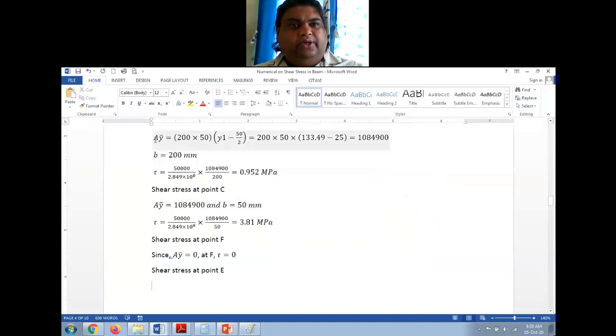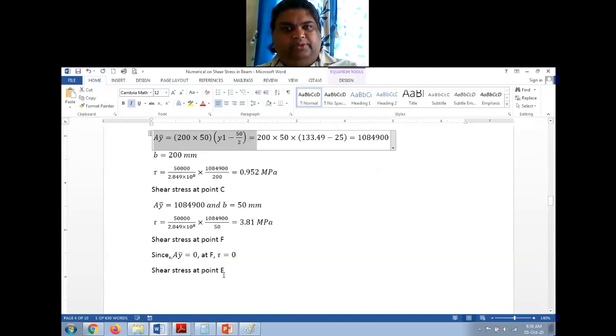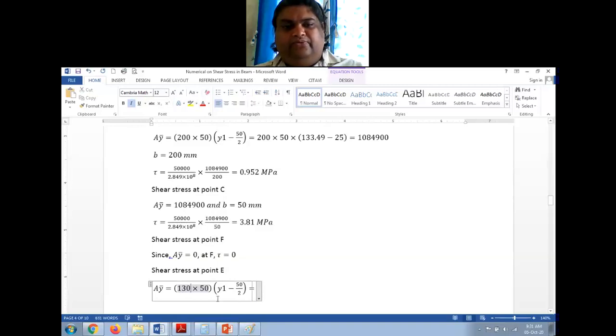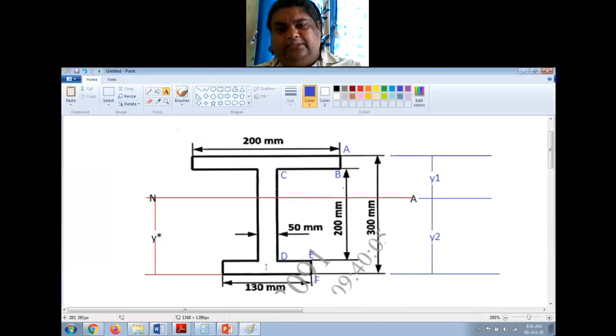So AY bar, I'll just copy this. The area is 130 by 50, and the distance is that of the neutral axis from the center of gravity of this bottom flange. From the bottom surface at 50 by 2, we have the center of gravity of this rectangle, and this is y2, which is equal to y star.